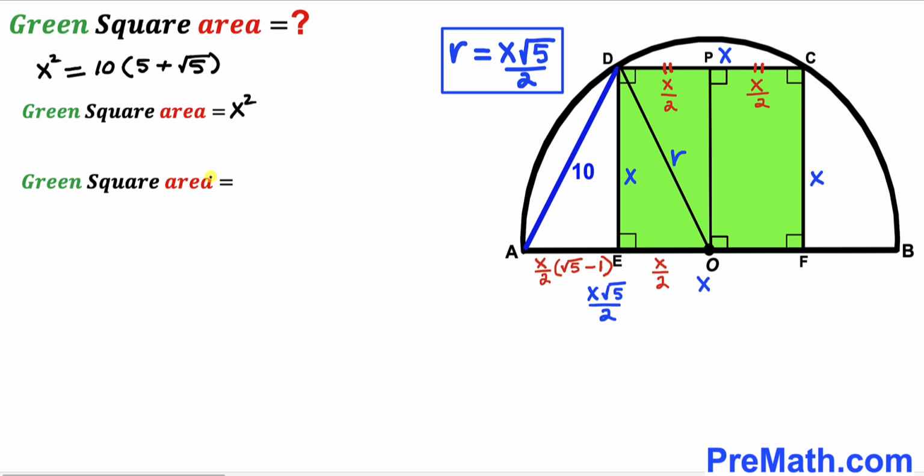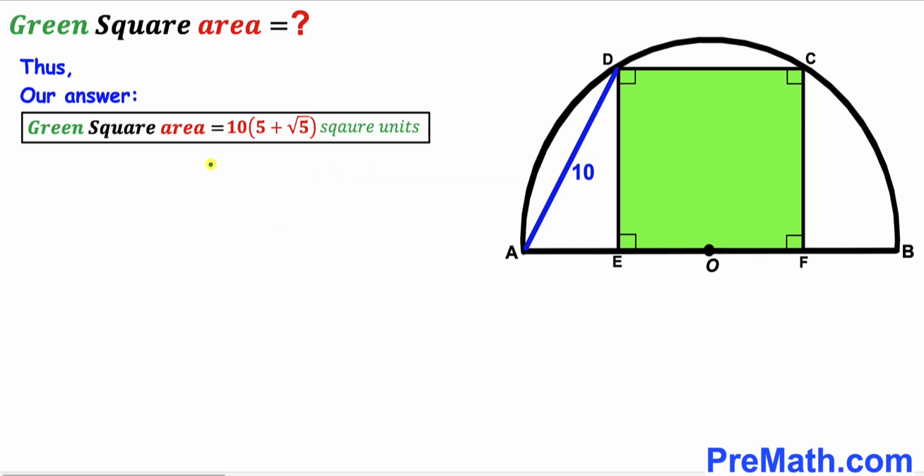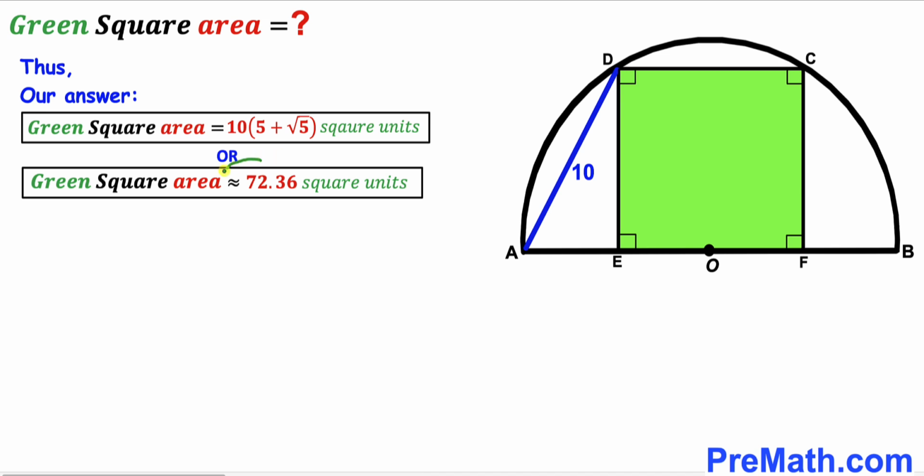So the green square area turns out to be 10 times 5 plus square root of 5 square units. And that is approximately equal to 72.36 square units as well.